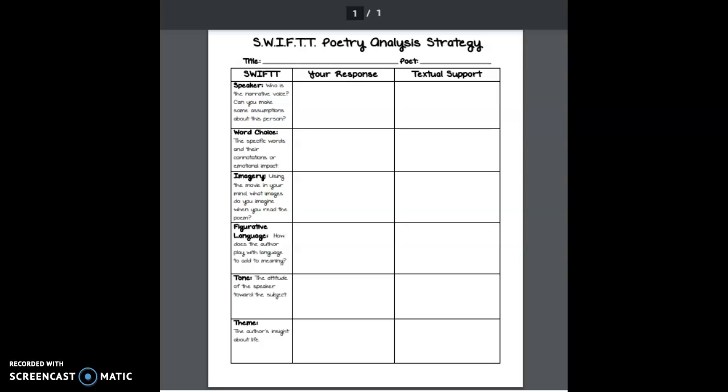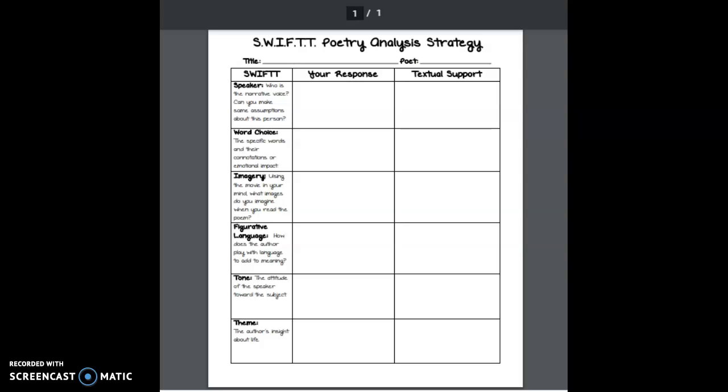And symbolism is when an object stands for something else, like a feeling or an idea or an emotion. If we think about the American flag, the flag is just some fabric, red, white, and blue. It has stars, there's a pattern to it. But for Americans, it symbolizes or represents a nation, right?